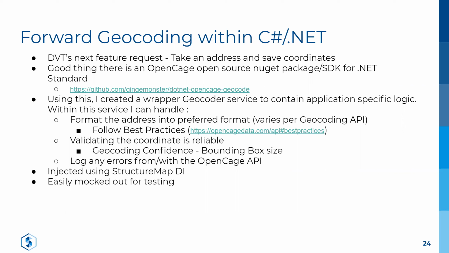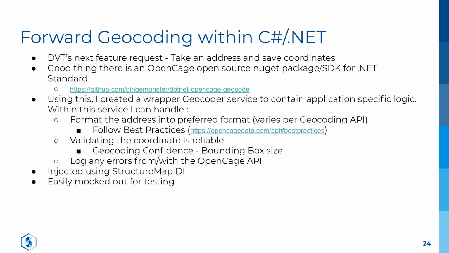This might include formatting the address. For OpenCage geocoding, when you do reverse geocoding, you pass them the address in a specific format. Mainly they just want address line 1, comma, the zip code, comma, the city, comma, the state: a basic comma-separated address, very simply. They don't want a number of things, and they have a nice list of best practices that they recommend.